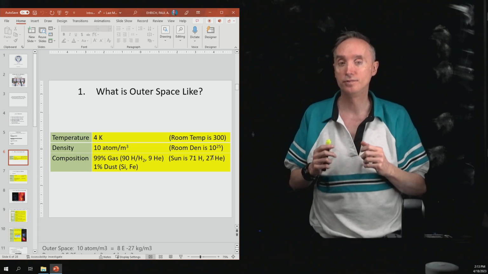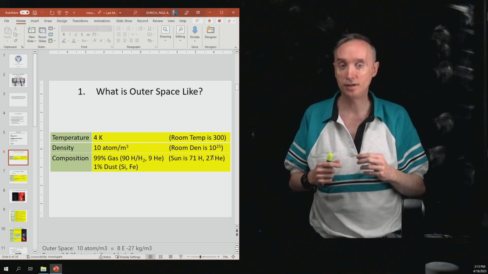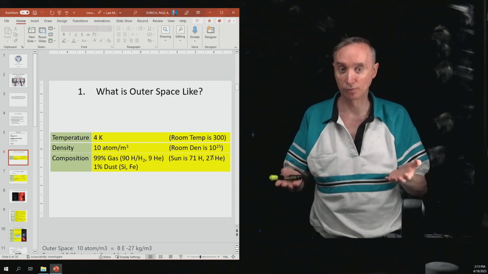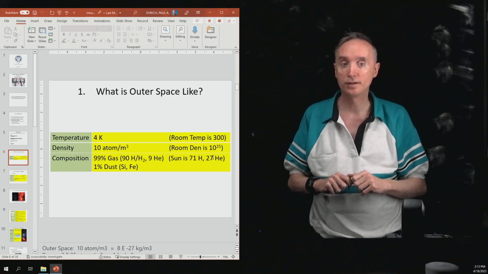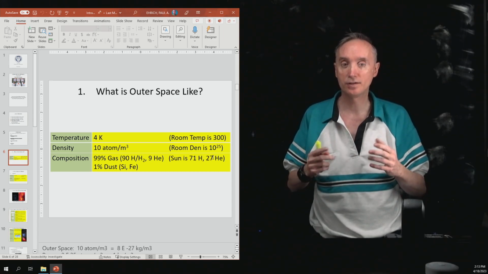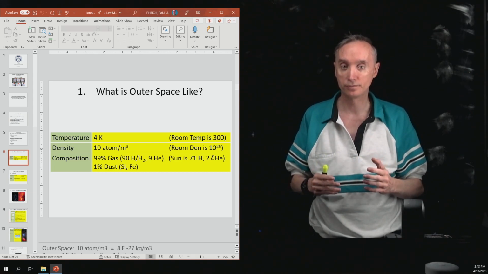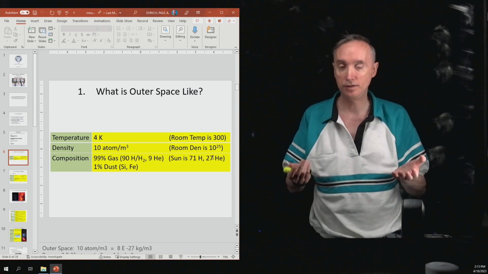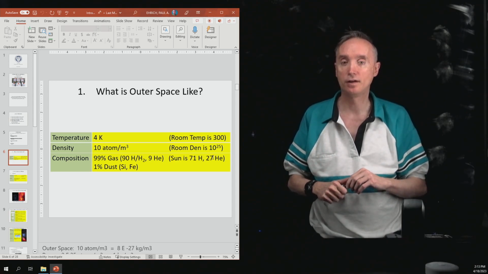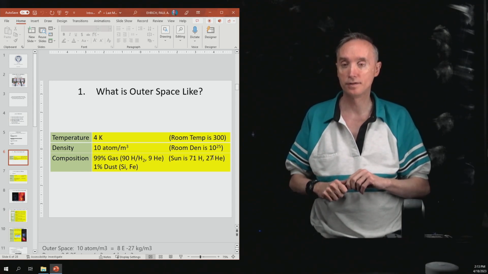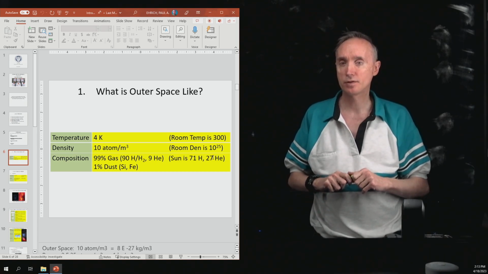Now, the density of the air that's in your house, your room right now, is approximately 10 to the 25th atoms per cubic meter. So even in your room, the density of atoms is much greater than the density in outer space.